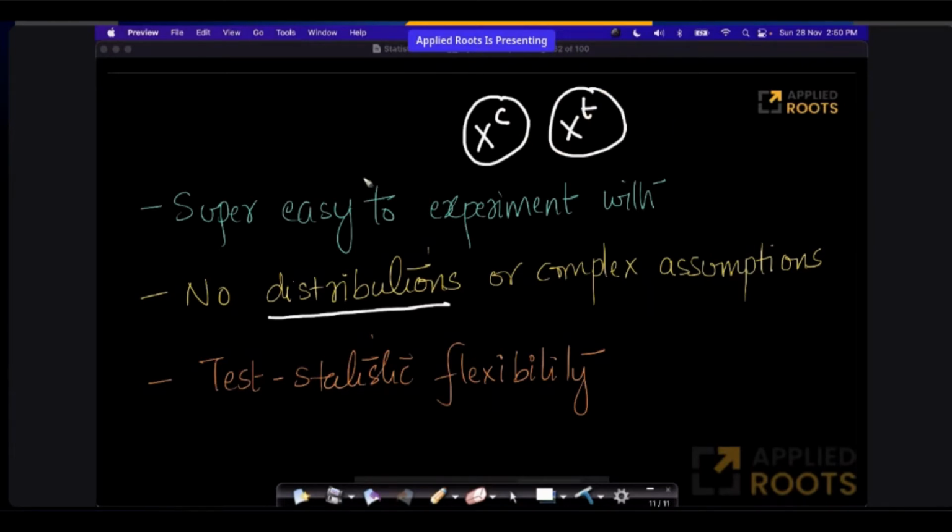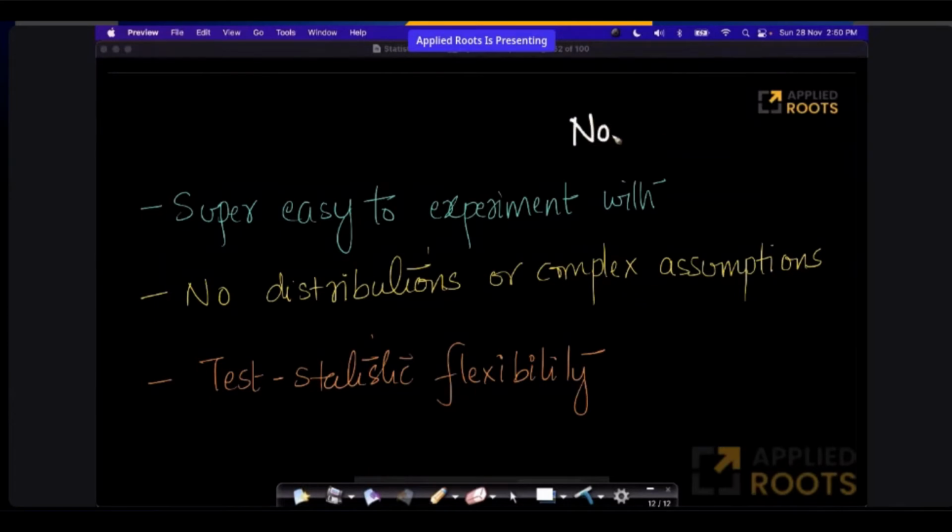So the beauty of permutation test is it is completely non-parametric. So again, the whole area of statistics can be broken down into parametric and non-parametric. One of the key points of non-parametric statistics is that it makes no assumptions about the distributions. And it doesn't have any complex assumptions, especially in a randomized controlled trial type of settings.